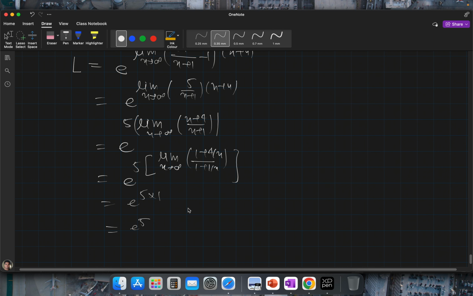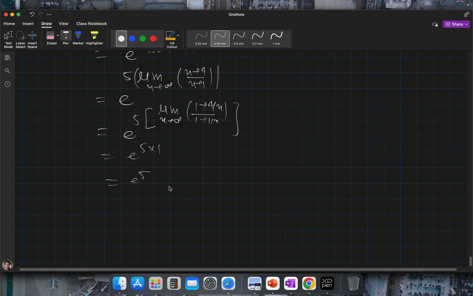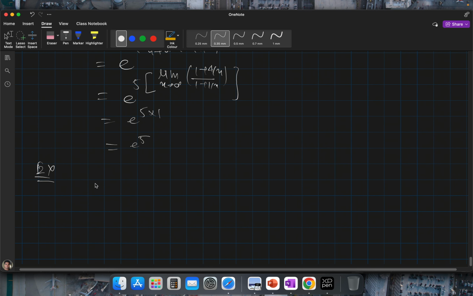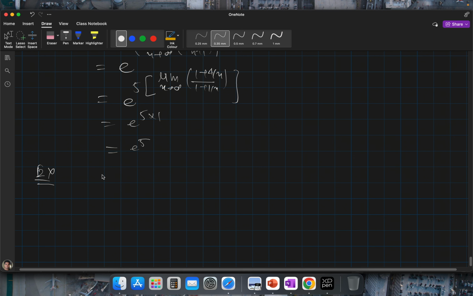Fine. There is one more problem, that is the last problem using the series method. That is limit x approaching infinity, x minus x square log(1 plus 1 by x).